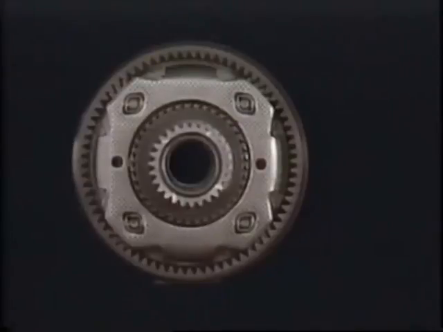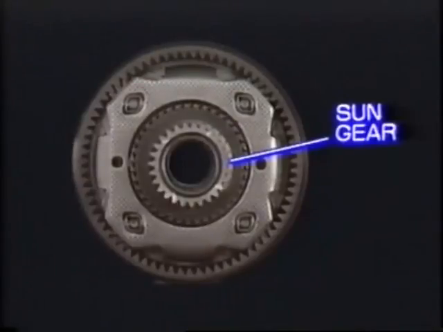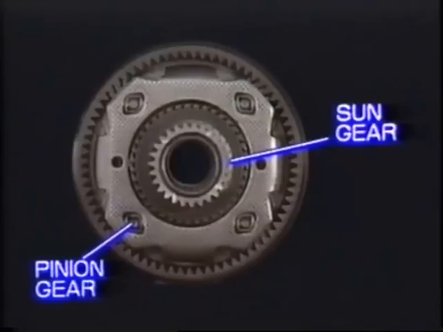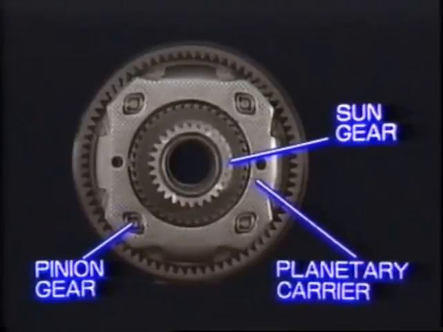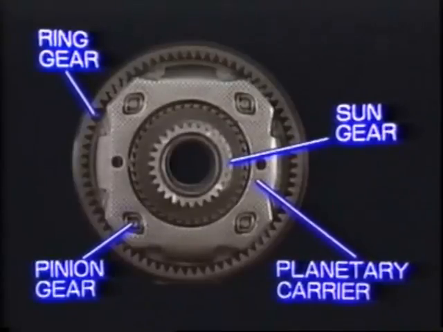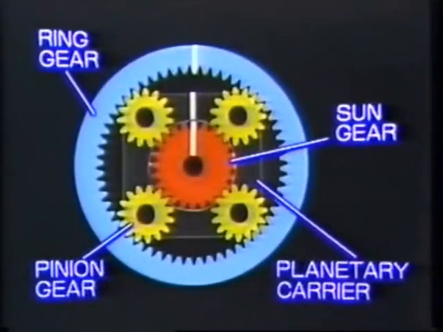A planetary gear set consists of a sun gear, pinion gears, a planetary carrier that connects the pinion gears, and a ring gear. Let's study a model of a planetary gear set to find out how it works.